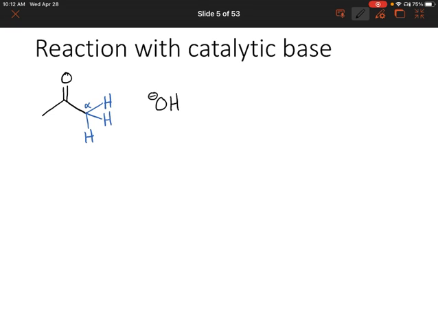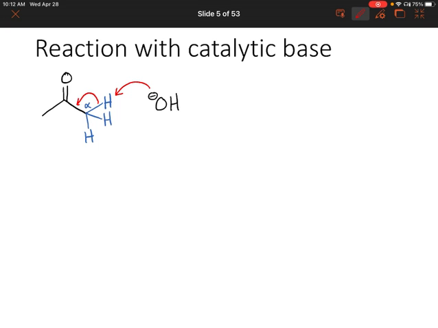All right, so what do we think the first step will be here? So that hydroxide is going to grab onto one of the alpha protons.